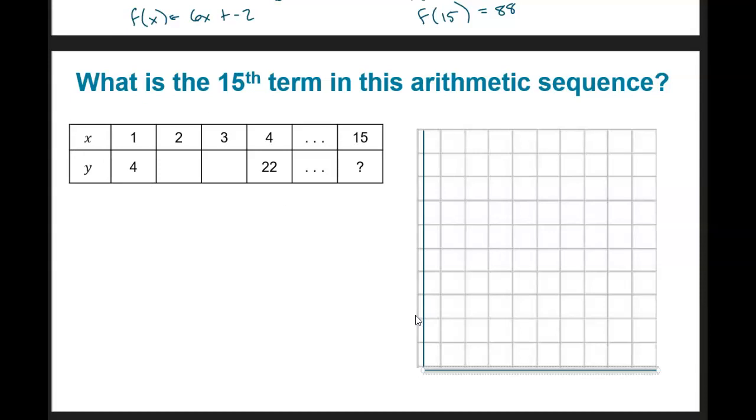So I've sort of got my axes down here. And I'm going to do similar numbering to what I did before. So we'll do 2, 4, 6, 8, 10. And then I'm going to count up by 10s here to make sure we have plenty of room to get to the 15th term.